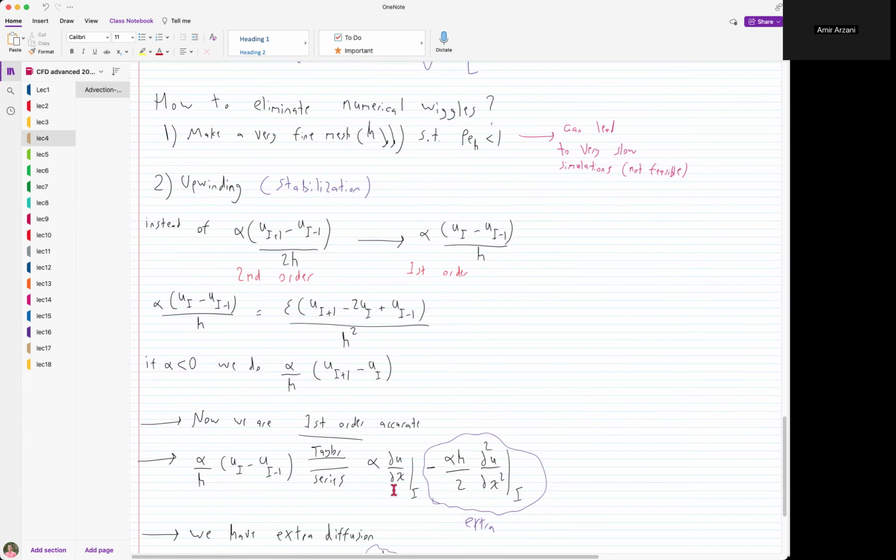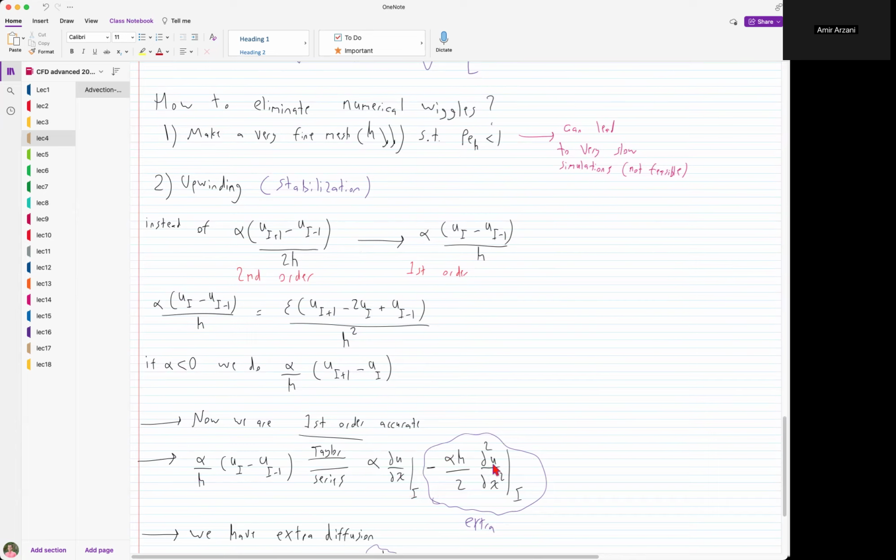And I took this term and replaced it with this finite difference counterpart here. However, now I also have this extra term. And if you look at this extra term, it's alpha, your velocity, times h, your mesh size, divided by 2, times the second derivative of the solution.